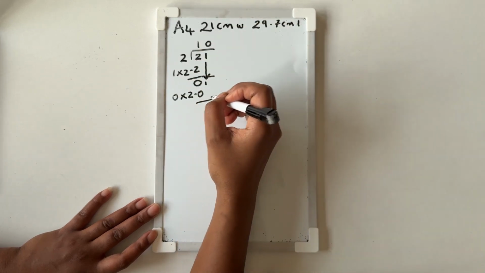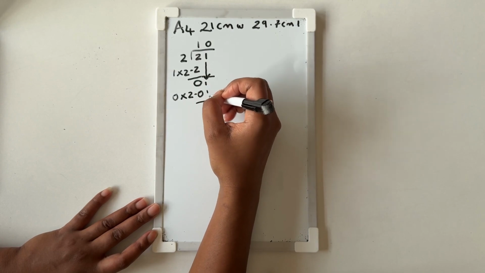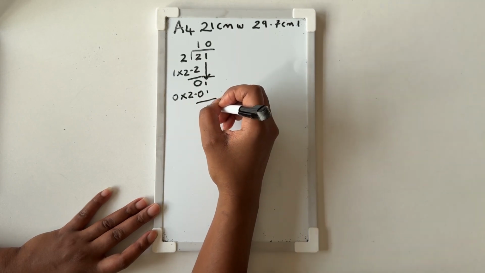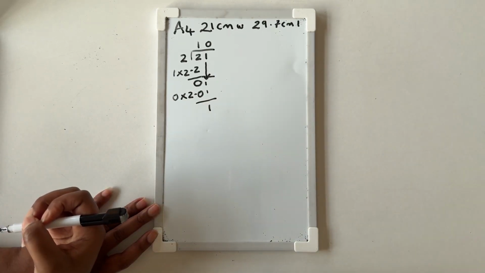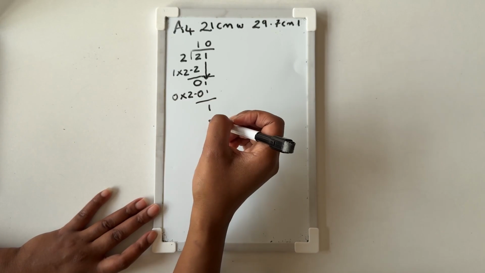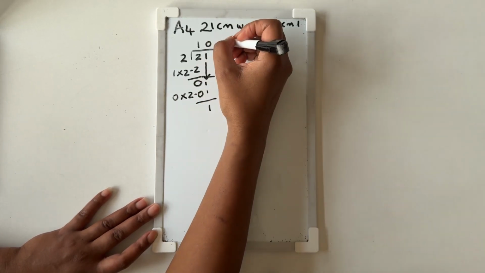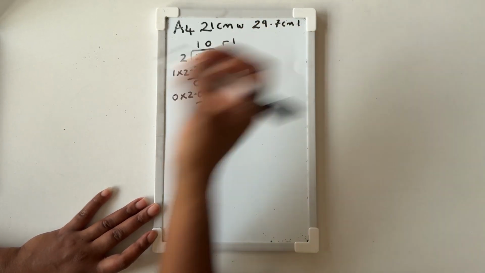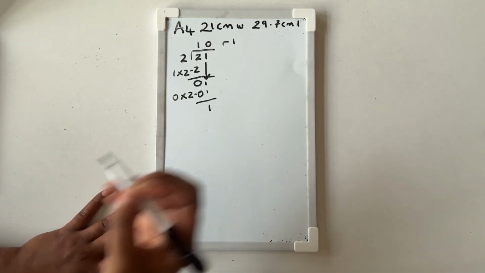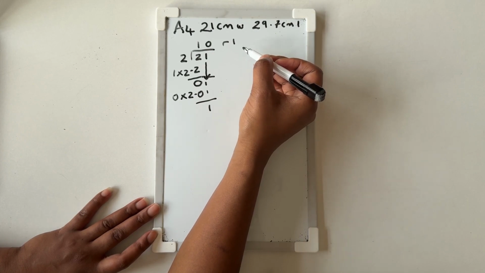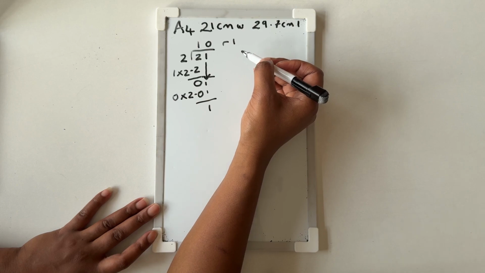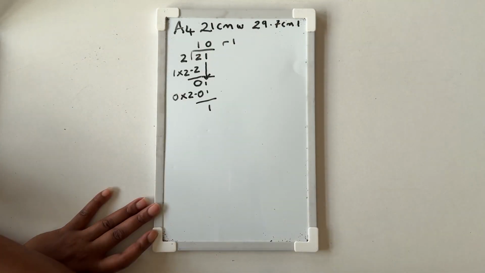And we still have 1 left. So we bring it down. This confirms that there's nothing left to bring down, but we have the remainder of 1. So the final answer is 10 with the remainder of 1, because 2 went into 21 10 times and there's 1 left over. Now, what if I wanted to go even further?